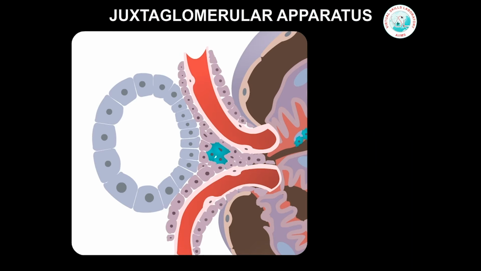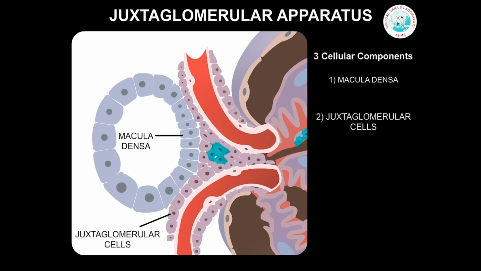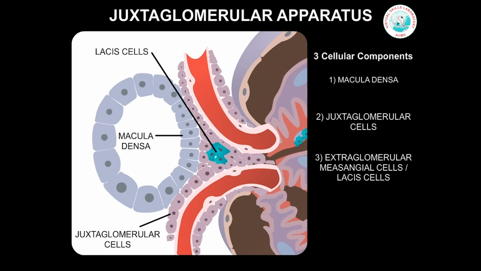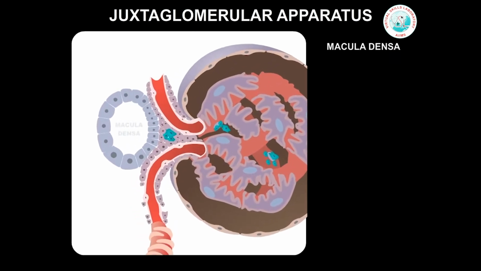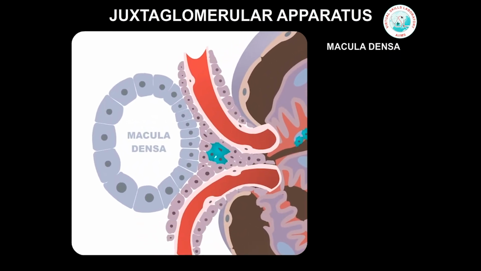The juxtaglomerular apparatus is composed of three cellular components: the macula densa of the DCT, the juxtaglomerular cells of the afferent arteriole, and the extraglomerular mesangial cells, also known as Lacis cells. The macula densa, as we have seen, is a specialized high columnar epithelium in the distal convoluted tubule which detects changes in sodium concentration.